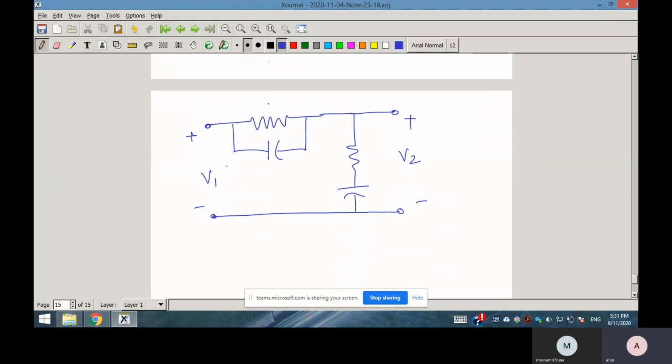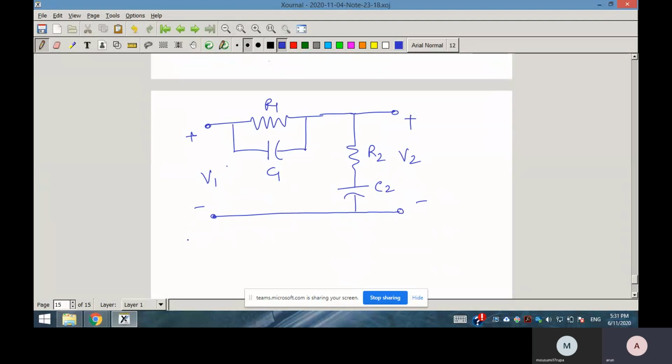This is your R1, C1. This is R2. This is your C2. We just want to see whether this circuit represents the transfer function of a lag lead controller. That means V2(s) by V1(s) is the transfer function of a lag lead controller.